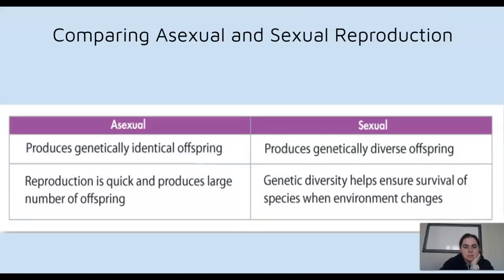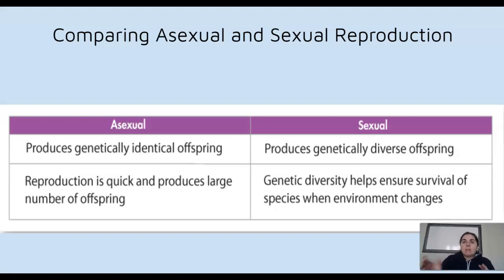On your packet, you need to fill in the table that compares asexual reproduction and sexual reproduction. Asexual reproduction produces genetically identical offspring, is very quick, and produces a lot of offspring obviously in a very quick amount of time. Sexual reproduction will increase the genetic diversity, so you get a more diverse offspring, and that will help ensure that the species survives if and when there's changes to the environment, right?